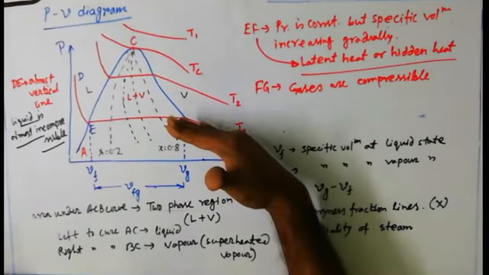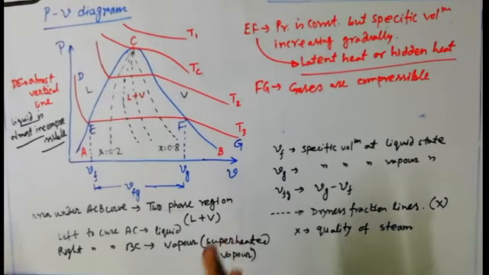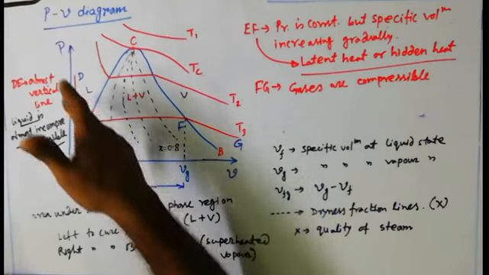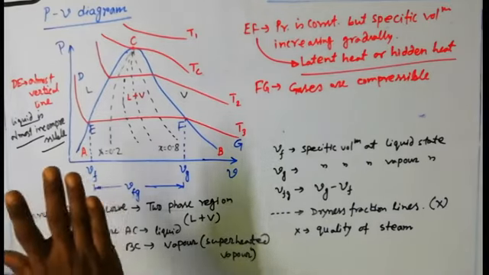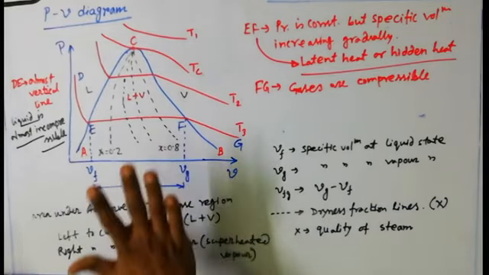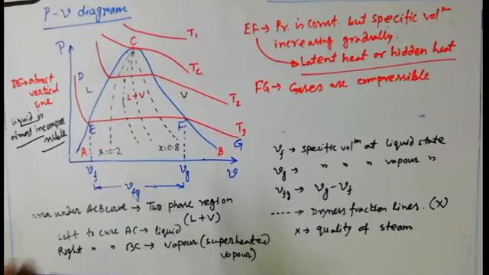That's why it is much more inclined. So those are the reasons actually. If anybody asks you why this pattern looks like this, they are the reasons. In this particular PV diagram, these things can be very clearly understood.